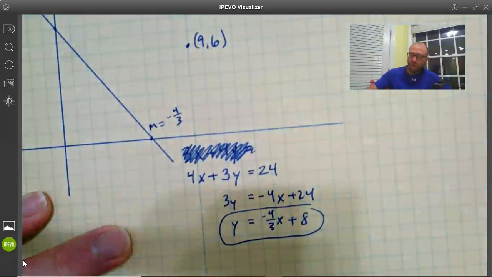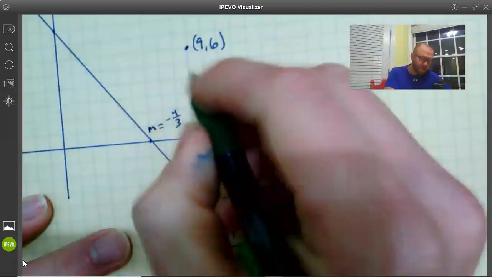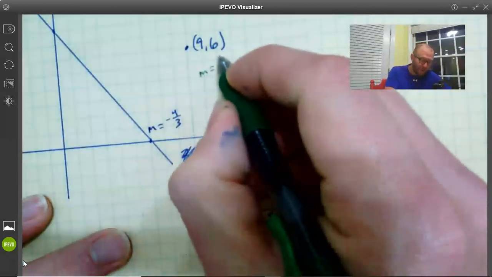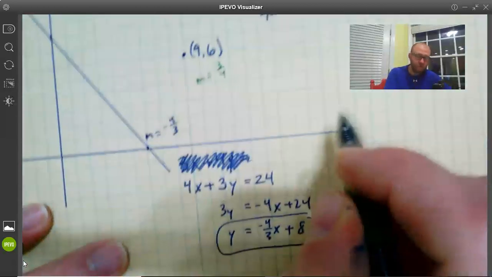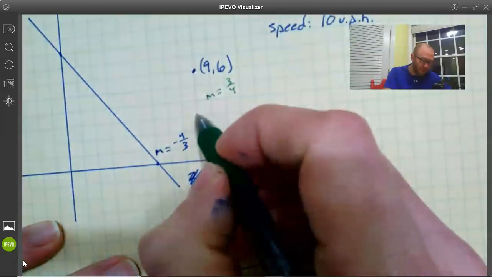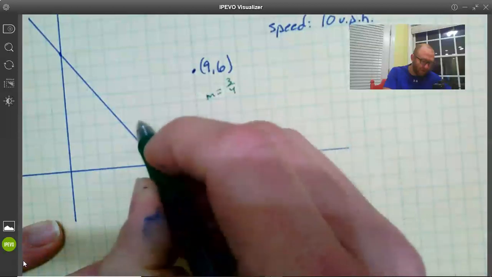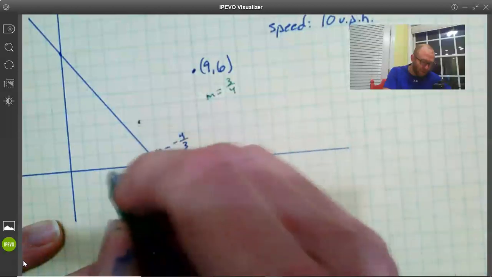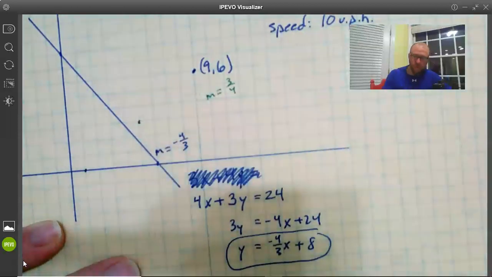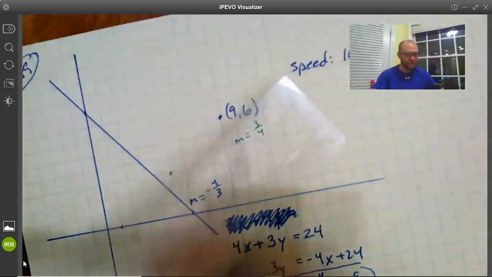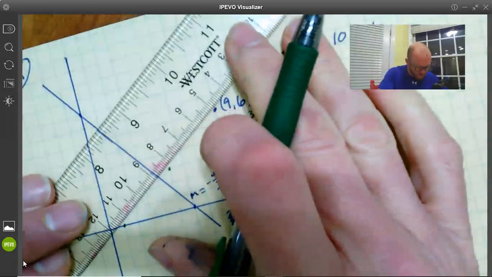So the slope for my other line needs to be the negative reciprocal of that, which is positive 3/4. So that's like going down 3 over 1, 2, 3, 4, down 3 over 1, 2, 3, 4. I'm going to connect that with a line here.